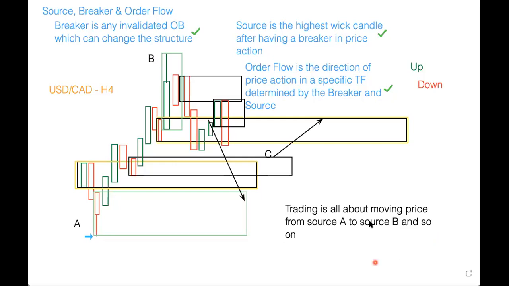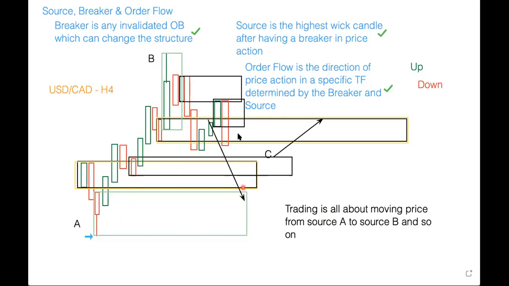But in general, you should understand trading is all about moving the price from one source to another source. And what is making these sources happen is just a breaker. So whenever we get a breaker, then we can have a source above or below.